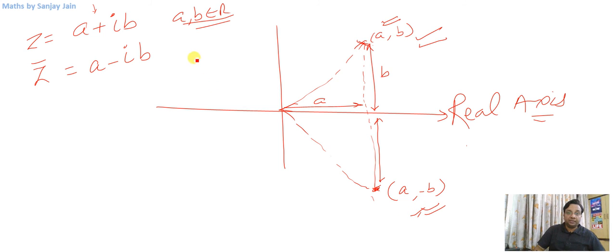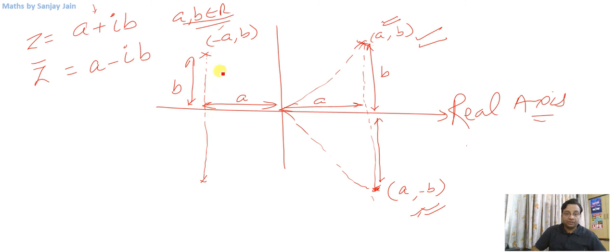So if this point is, let us say here, and I call it minus a comma b, a and b are positive numbers, okay? What will be its conjugate? Its conjugate will be here, right? Because this length here is a, and with this negative sign, because I am talking about negative direction, and this length is b.